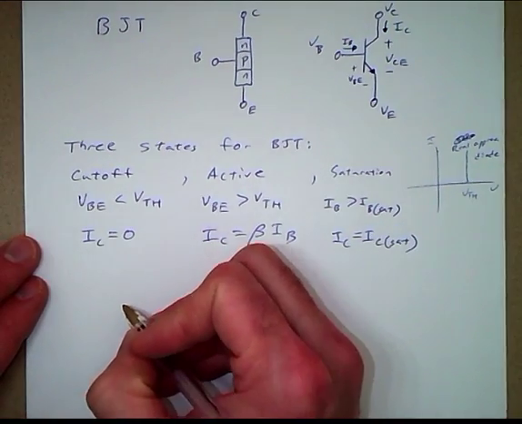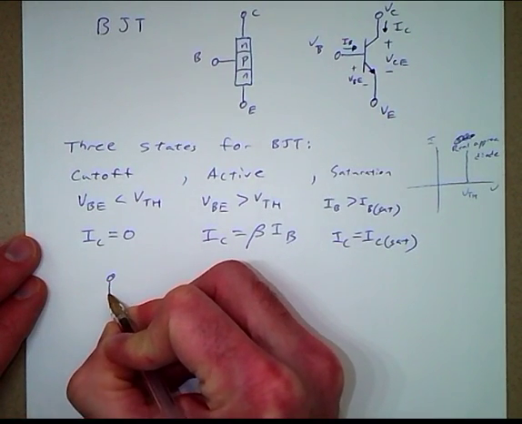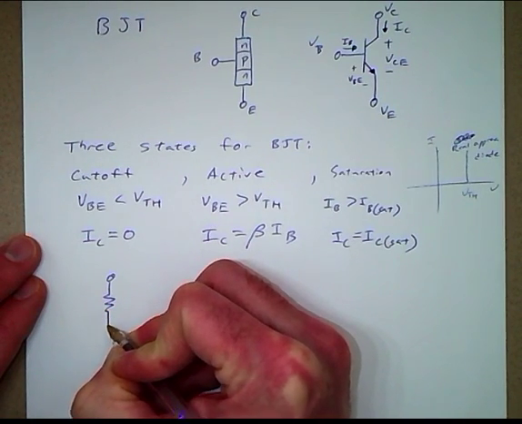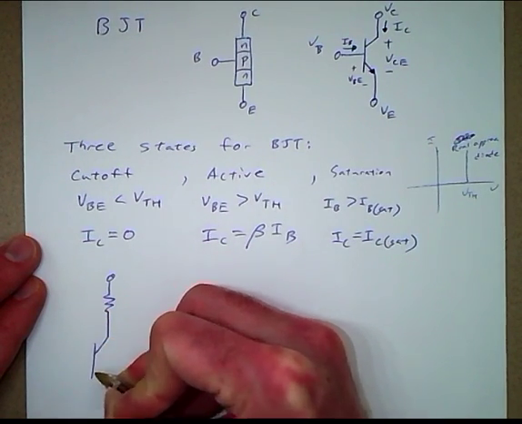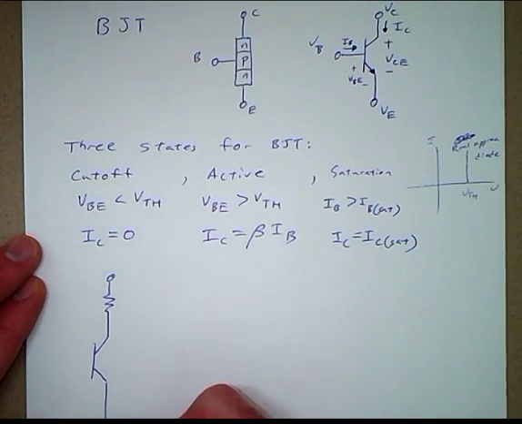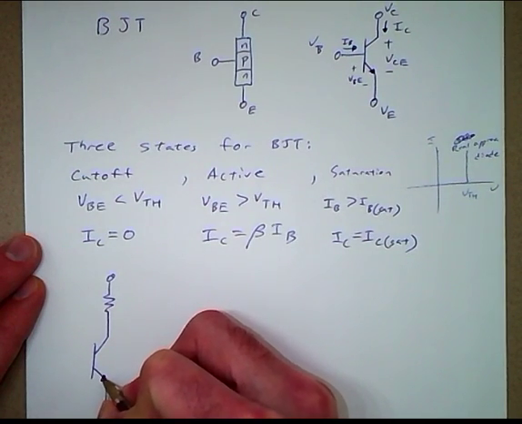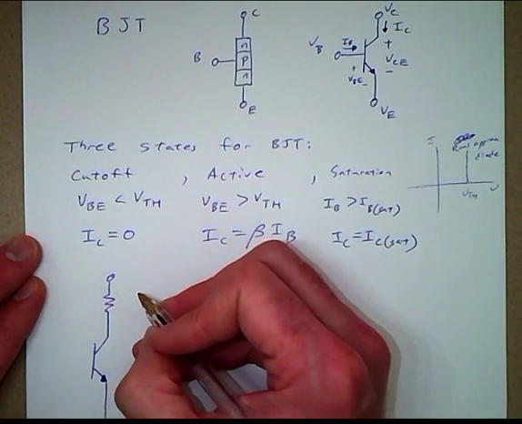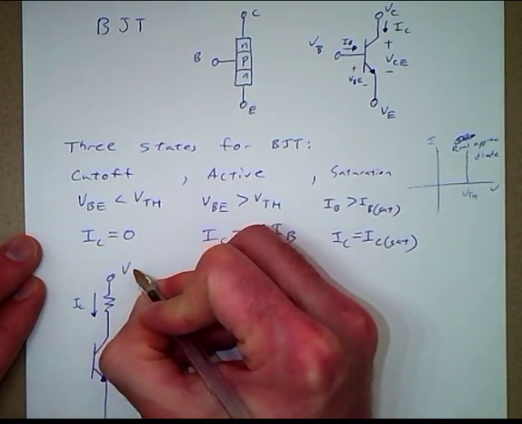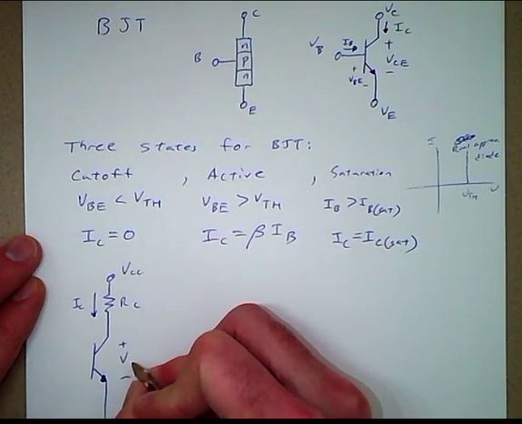So if we wanted to use this in common emitter configuration, we've got the emitter connected to ground. VCC, RC, and here's our voltage between the collector and emitter.